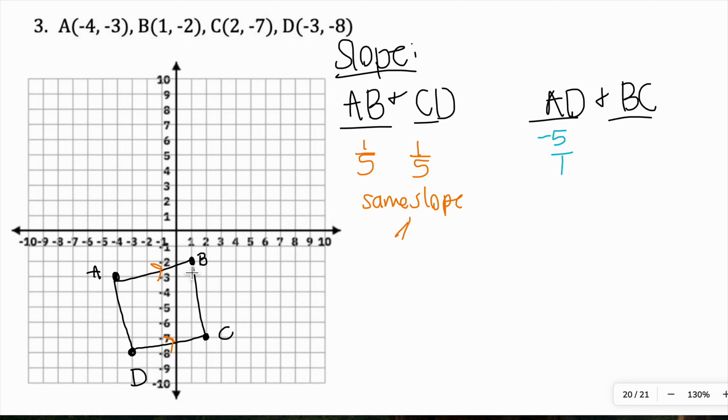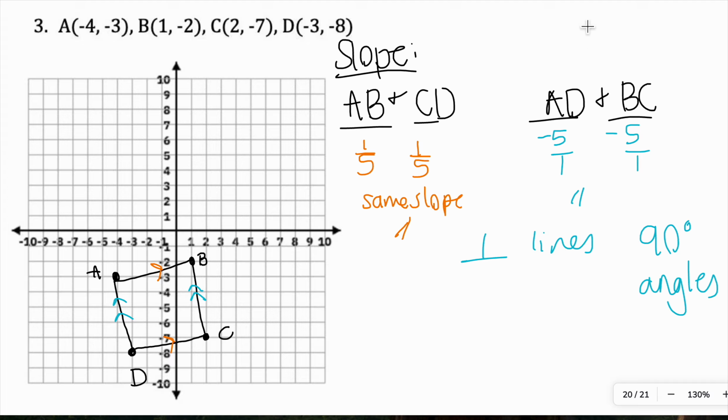And BC, I'm down 1, 2, 3, 4, 5 over 1. So these are same slope as well. So AD is parallel to BC. Okay. These are showing perpendicular lines, so that means I have 90-degree angles, so can't be a rhombus. So rhombus is off the table.